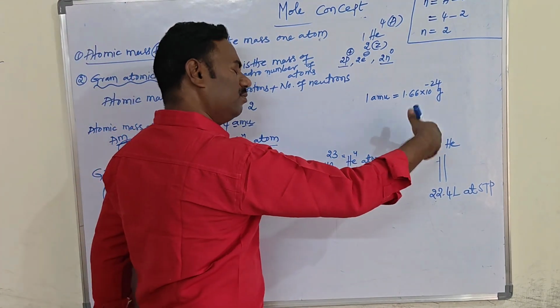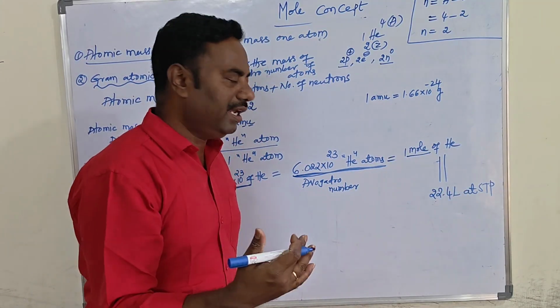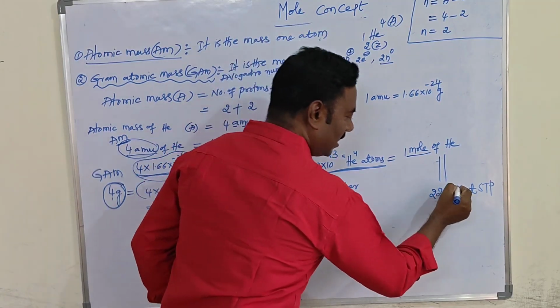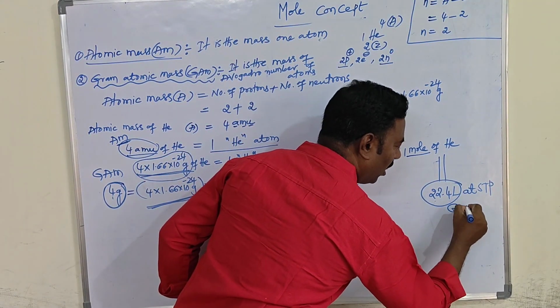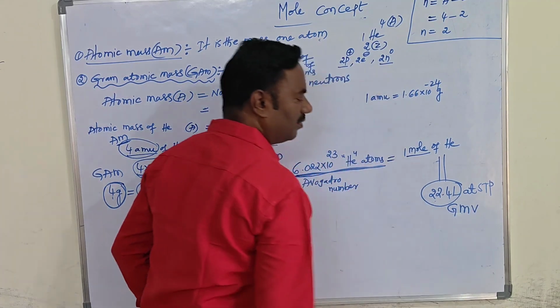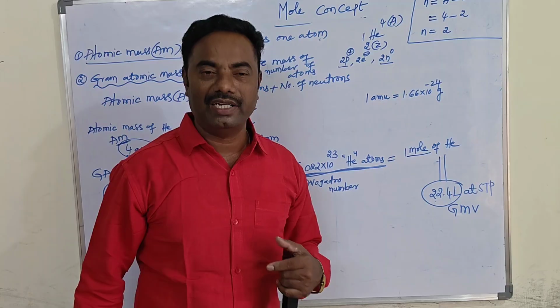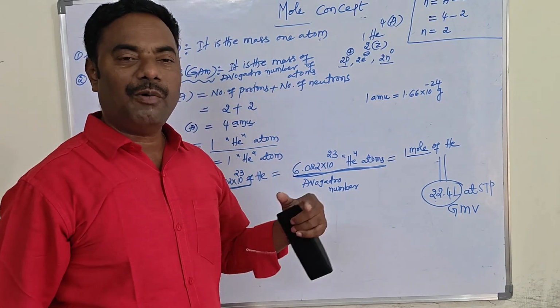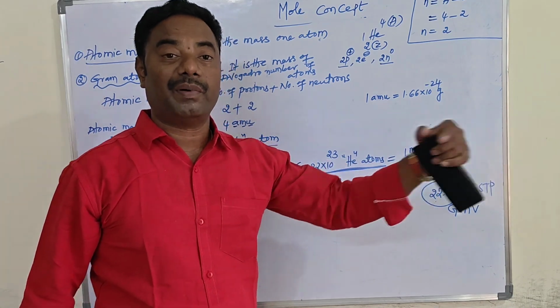1 mole of any atom or any gas, 1 mole of any gas occupies 22.4 liters. This is gram molar volume. Gram molar volume means it is the volume which is occupied by Avogadro number of molecules or particles.